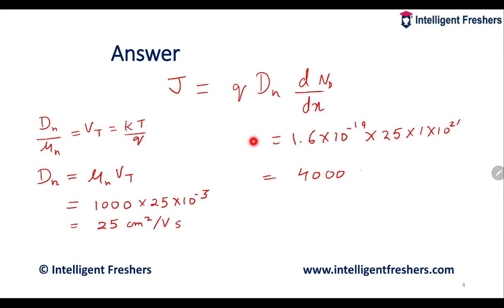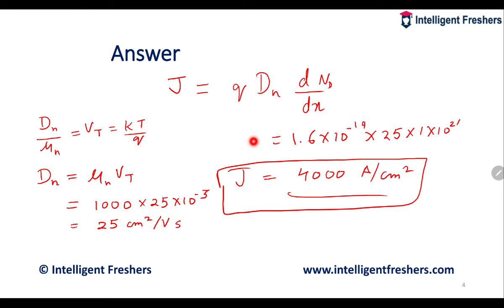So this is the answer: 4000 ampere per centimeter square is our electron diffusion current density.